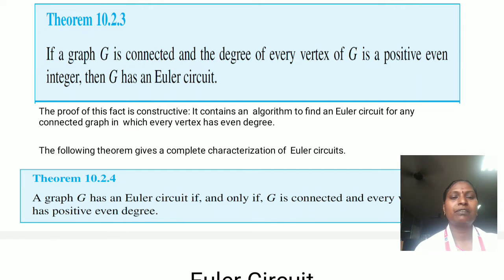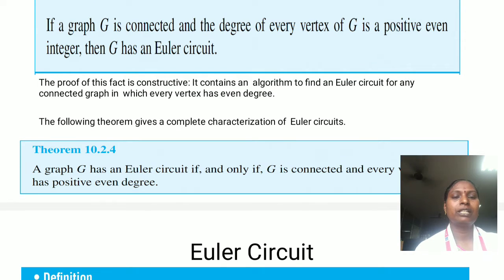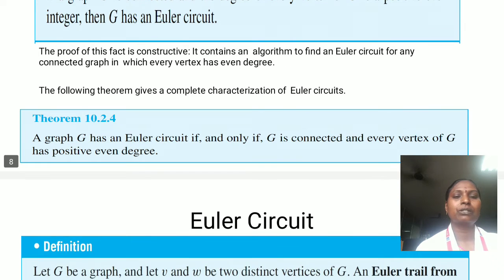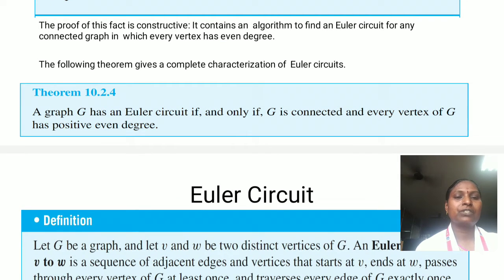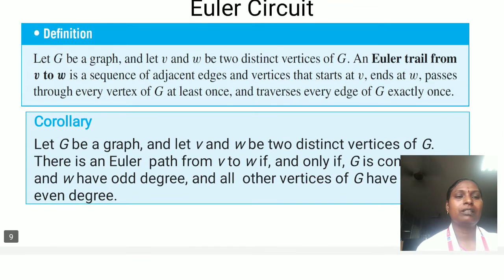The proof of this fact is constructive: it contains an algorithm to find an Euler circuit for any connected graph in which every vertex has even degree. The following theorem gives a complete characterization of Euler circuits. A graph G has an Euler circuit if and only if G is connected and every vertex of G has a positive even degree.